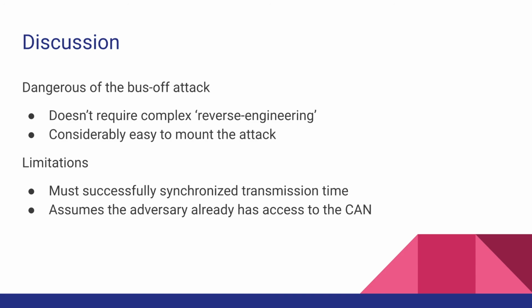However, two of the limitations of this attack scenario are that the attacker must successfully synchronize the transmission time, which is incredibly difficult, and this also assumes that the adversary already has access to the controller area network.